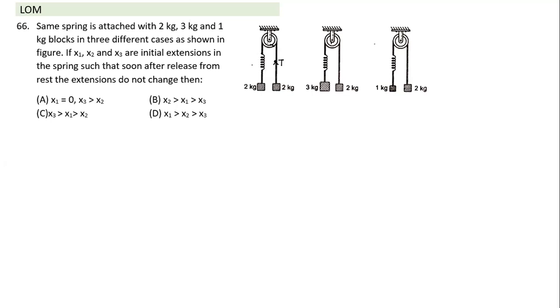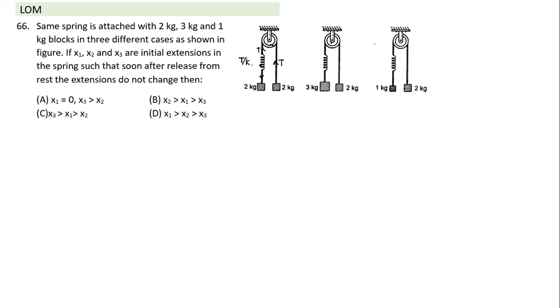If the spring length is not changing, it means it is already extended, and the extension of the spring has to be equal to T by K. The spring will remain in a state of equilibrium and its length will remain constant. So that's when. So when does spring length remain constant?